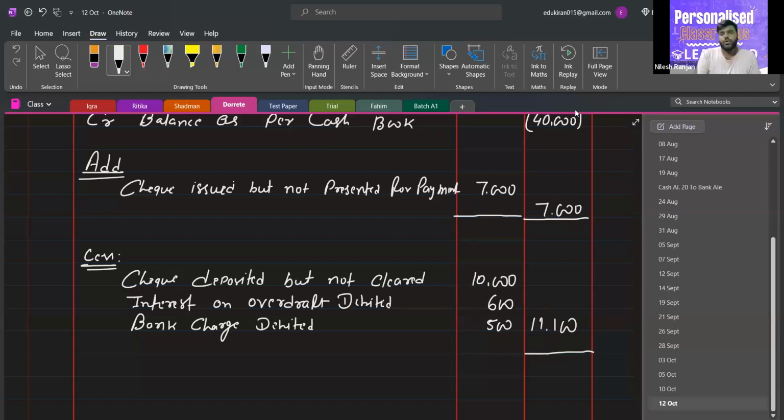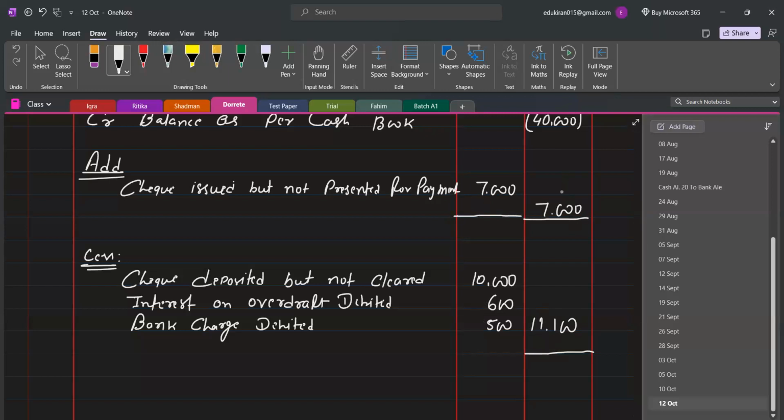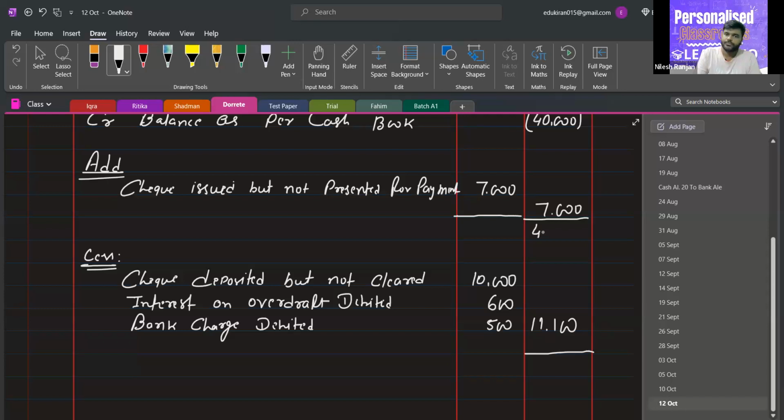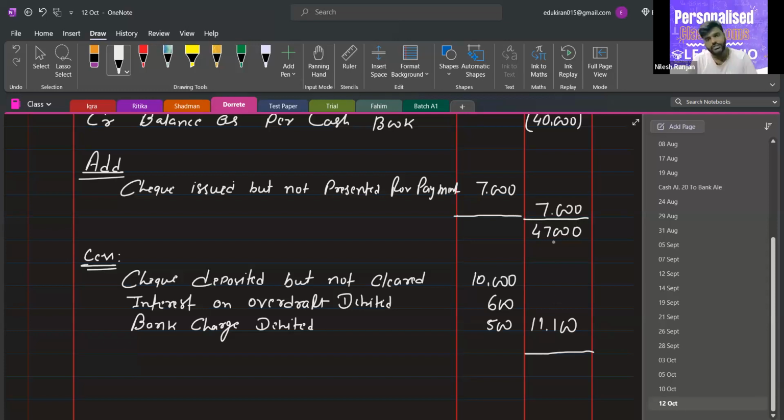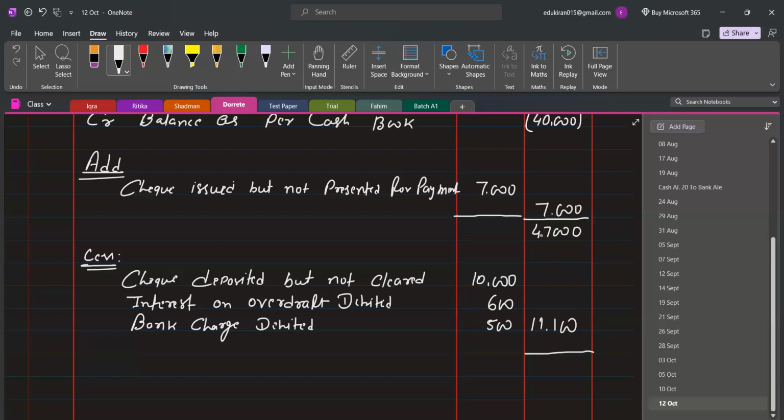Now, if you add these two, how much amount will we get? 47,000. And after deducting this from 47,000, we get 35,900.